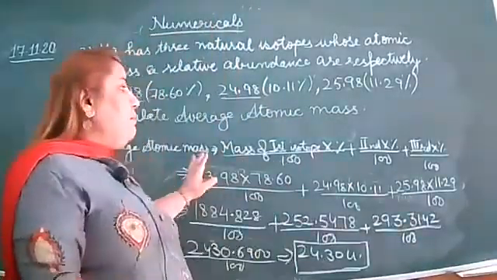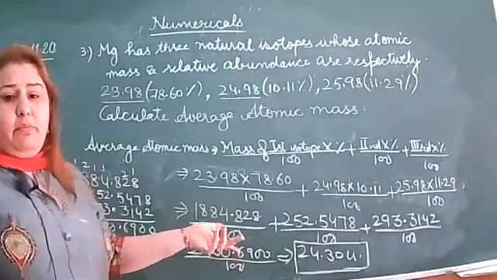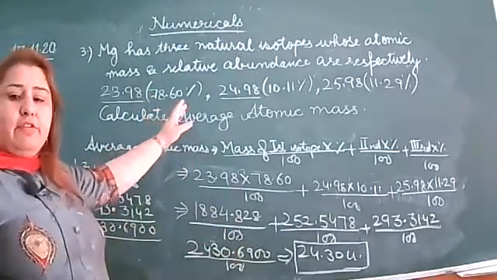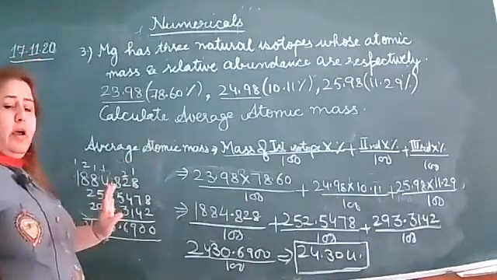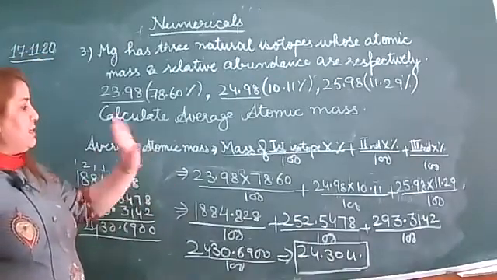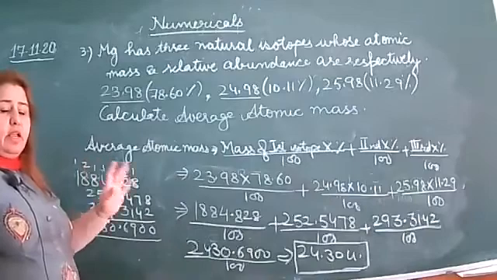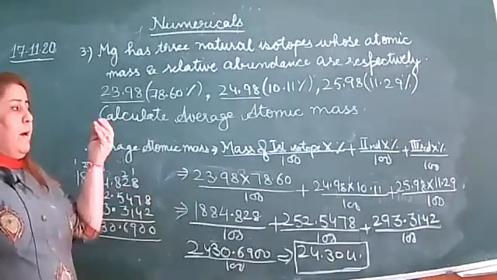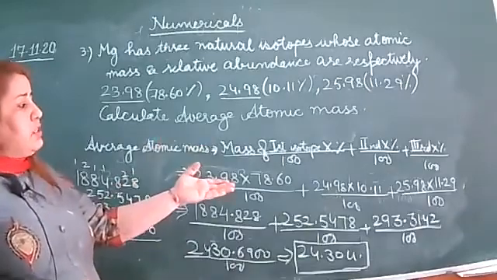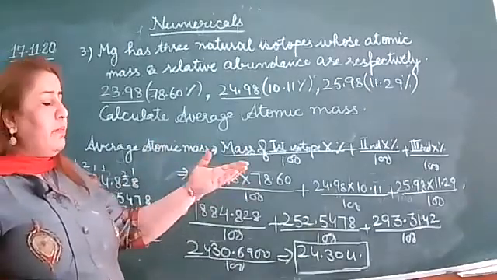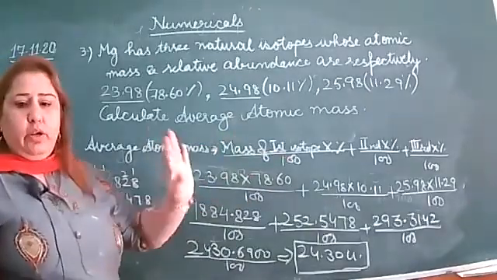So now in the exam, any type of numerical will come, like calculate average atomic mass, calculate the percentage, anything, right? The formula will remain the same: average atomic mass equals mass of first isotope multiplied by percentage divided by 100, plus mass of second isotope multiplied by percentage divided by 100, and the third and so on.